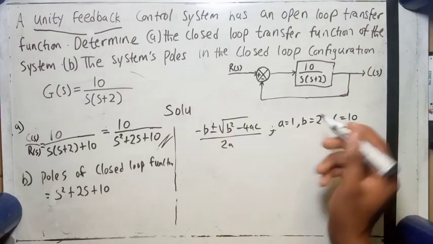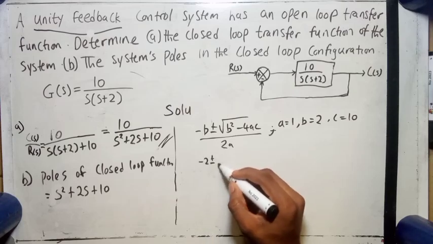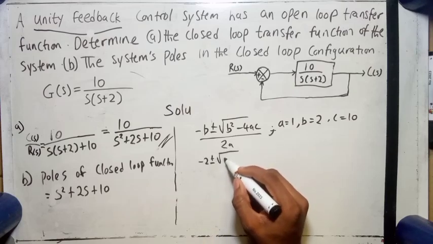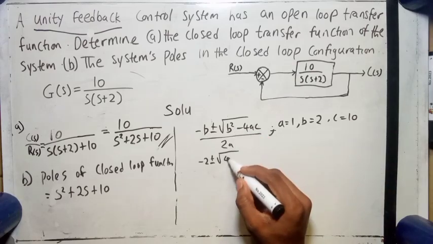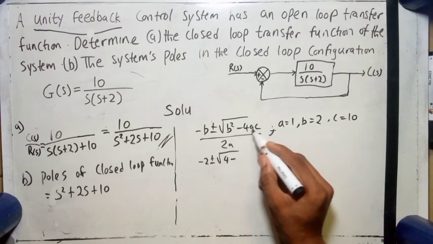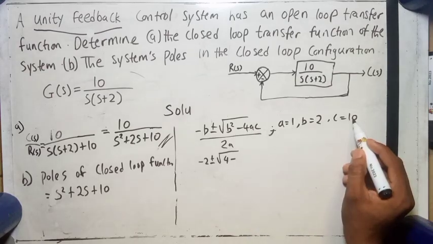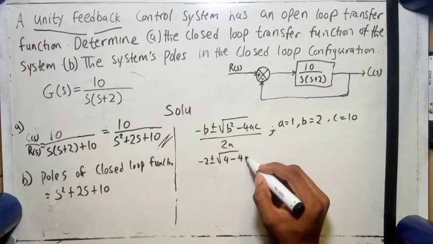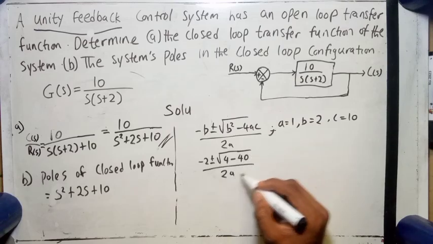Now, inputting those values, we have minus 2 plus or minus the square root of the square of 2, which is 4, minus 4ac, 4 times 1 times 10, so minus 40, over 2a.